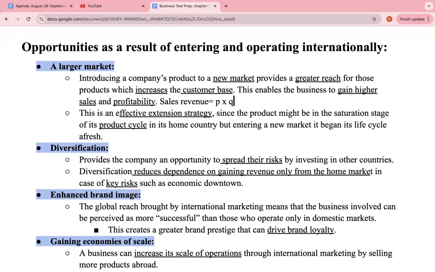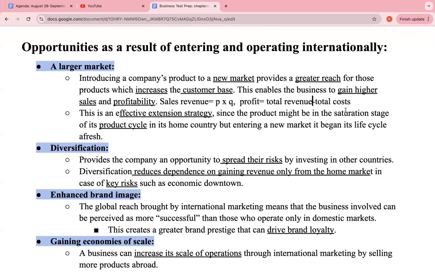Basically, sales revenue equals P times Q, price times quantity. So once quantity starts increasing, then sales revenue will increase itself, right? And then profit, so let's put a comma so you won't get confused. Profit is equal to sales revenue minus total costs, or total revenue minus costs.